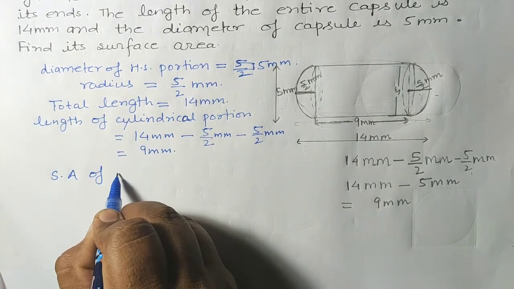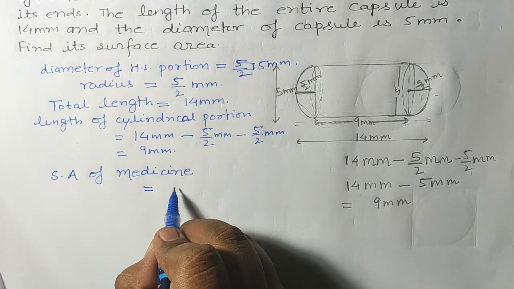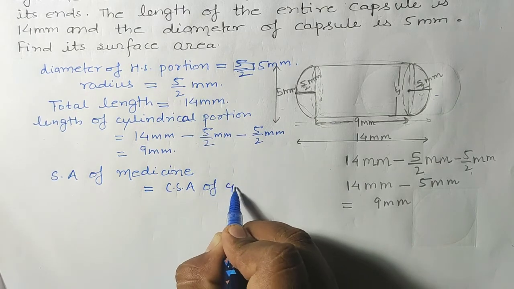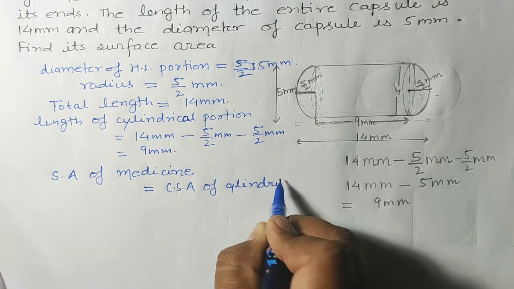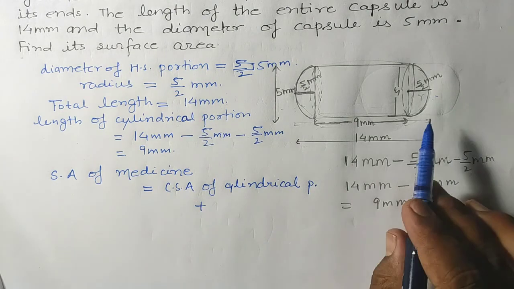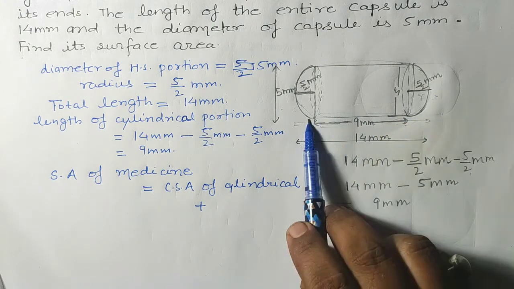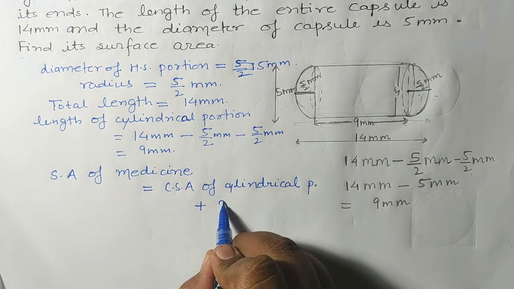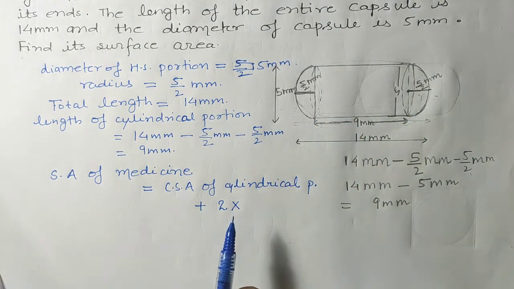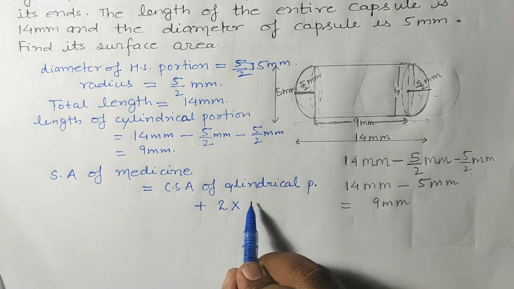Surface area of medicine, then we will calculate the curved surface area of cylindrical portion, okay, plus, see students, both the hemispheres are of the same measures, so instead of adding them separately, we are adding them together, means we'll multiply by 2.